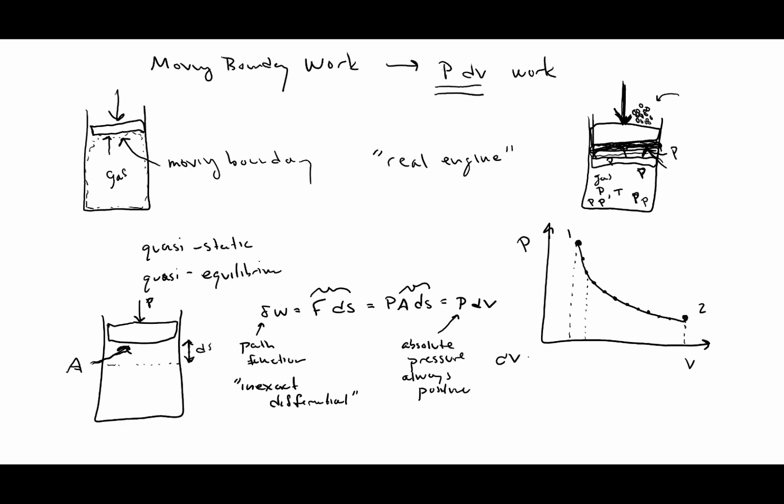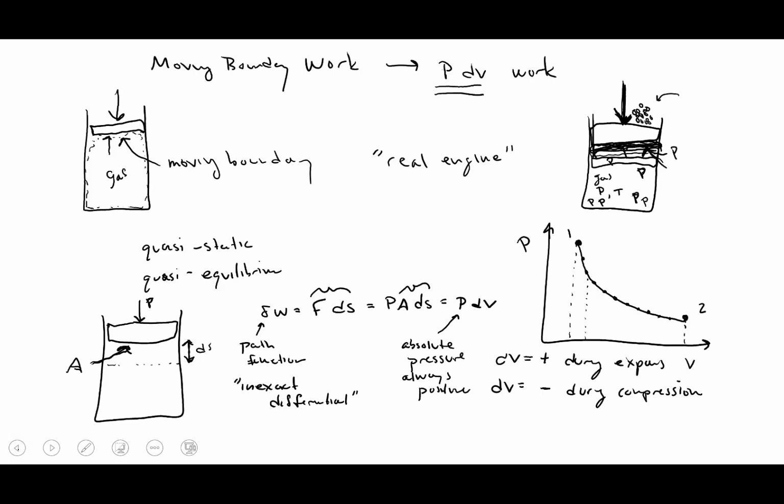So dV, the change in volume, is positive during expansion, and dV is negative during compression. So this means that when the gas is being expanded, the work is positive, and when the gas is being compressed, the work is negative.